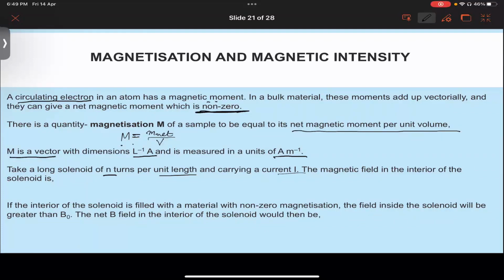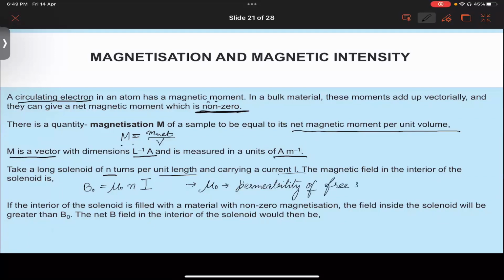Previously, in the previous chapter, we had seen that B0 equals mu 0 n I. We know mu 0 is the permeability of free space. This is with respect to free space.